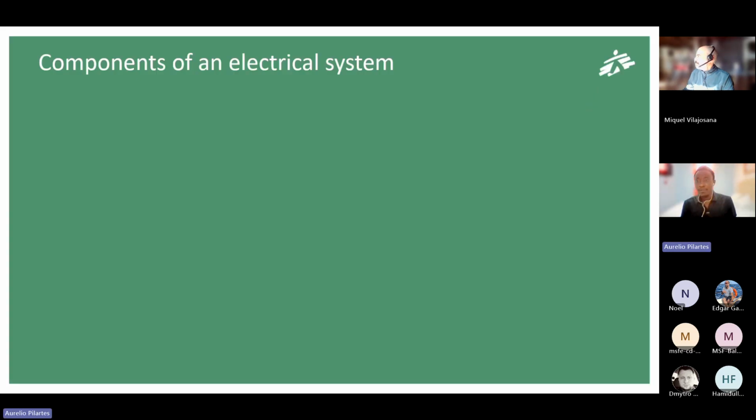So first of all, and before we go deep into our subject, is there anyone who can remind us what the main components of an electrical system are? It's something in the syllabus. I hope you guys could go through it. If anyone remembers any of the components, we know there are 4 main components.